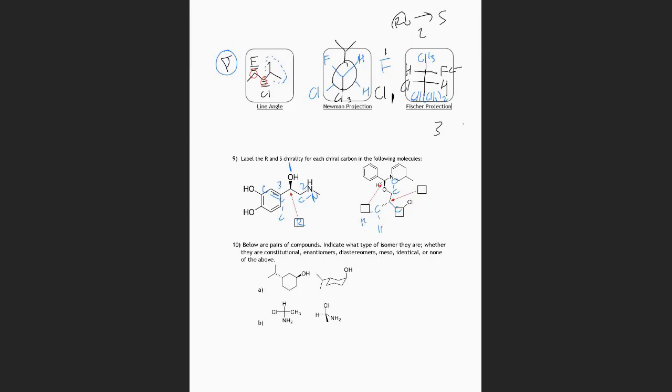This carbon is connected to an oxygen, and this carbon is connected to 2 more carbons. So because it's connected to an oxygen, this is going to be number 1 priority. The next one is going to be here, and the last one's going to be here. So it looks like R, but because hydrogen is on a wedge, it's going to be S. So we have 2S chiral centers on that.